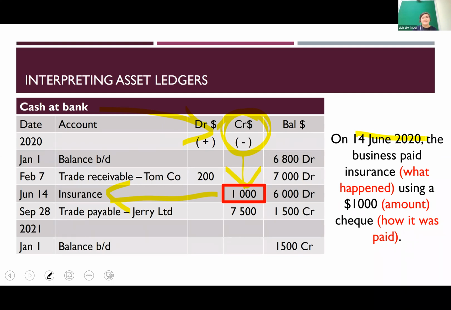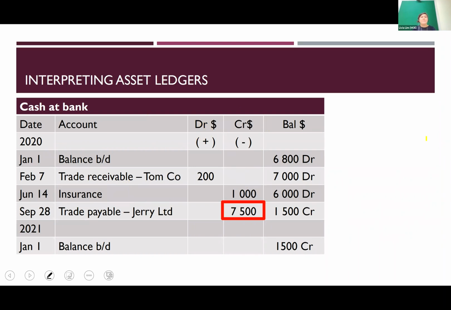And let's do September 28th. Please go ahead and pause me and try to write out the answer if you want to. So what has happened here again? You can see that this $7,500 is inside the credit or minus column, so cash at bank went down. The other account affected was trade payable Jerry.